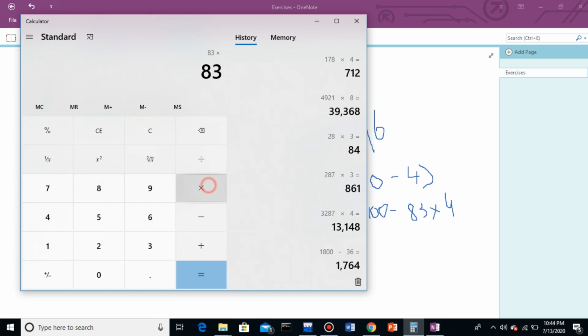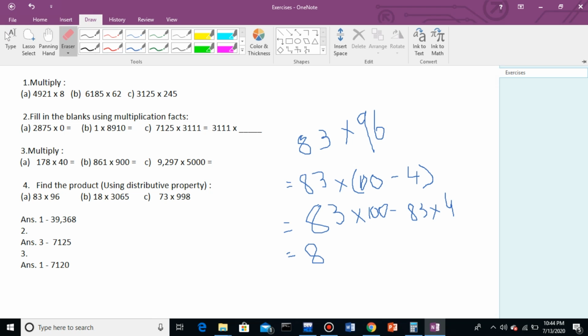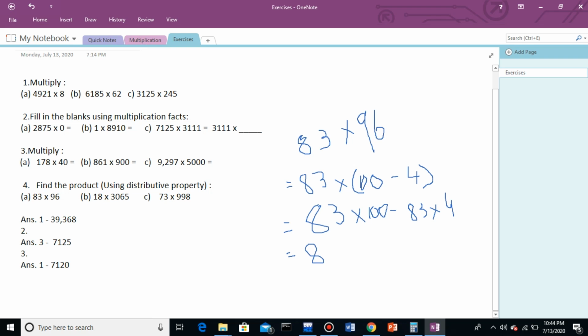83 into 100 will become 8300. So first we will write 8300, that is 83 into 100.